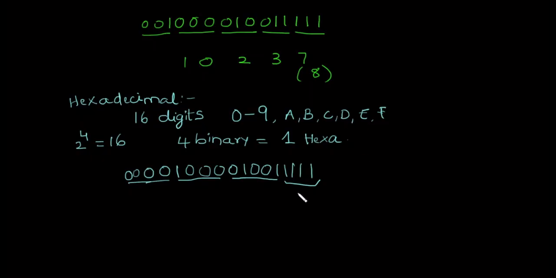So 15 means it is capital F. And 0100 is nothing but, as per 8421 code, 4, and 1000 is 8, and 4 zeros is of course 0. So the equivalent hexadecimal number for the given binary code is 84F base 16.